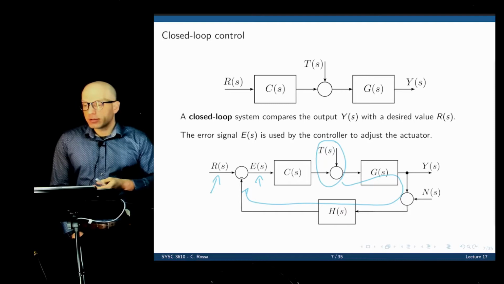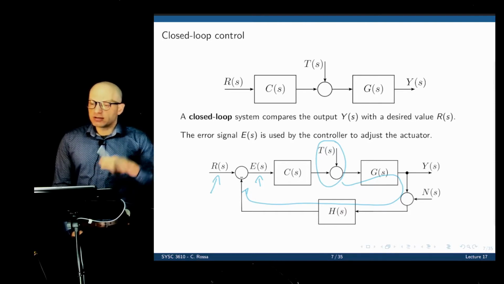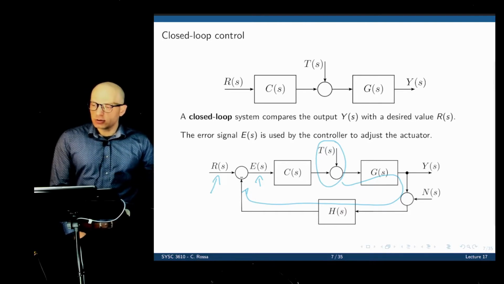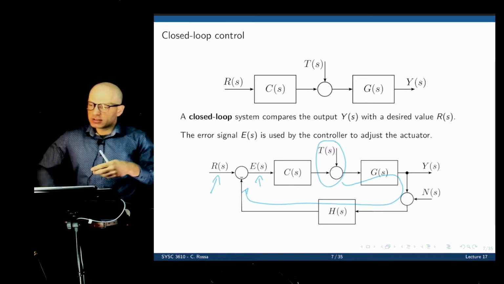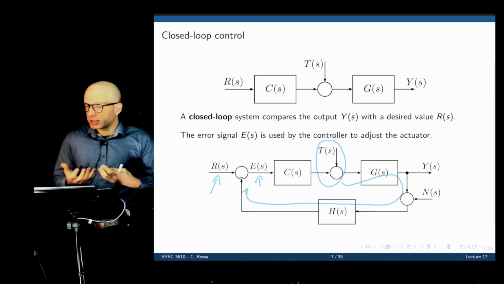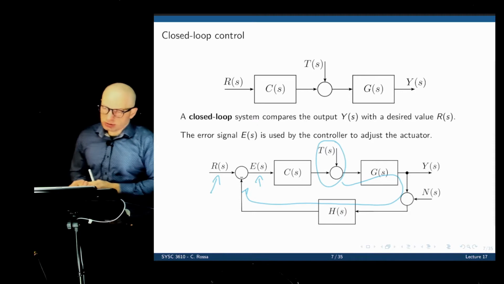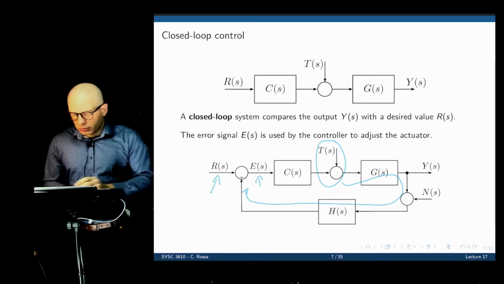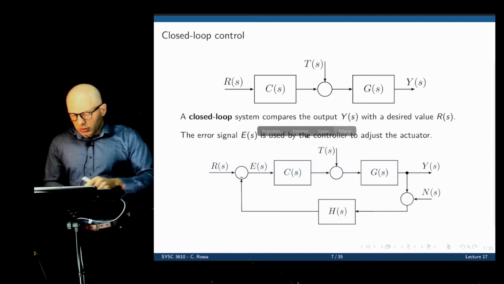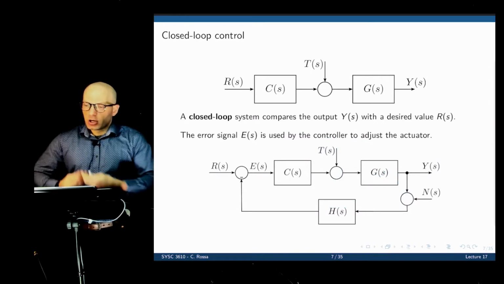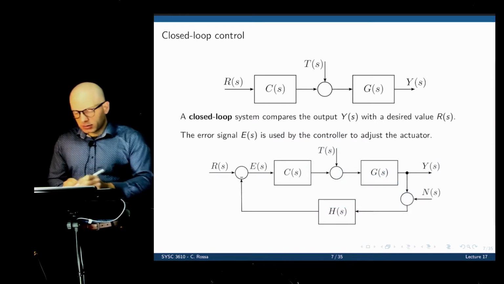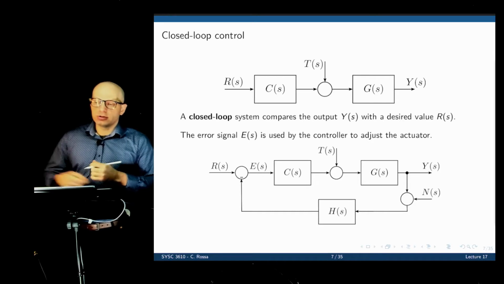We cannot get rid of it, but we can compensate for its effect on the output by including its effect on the error, because it generates an error, and this error is now taken into consideration when calculating the new control actions. So indirectly, we are compensating for the effects of disturbance, because the disturbance changes the error and the error changes the control action.